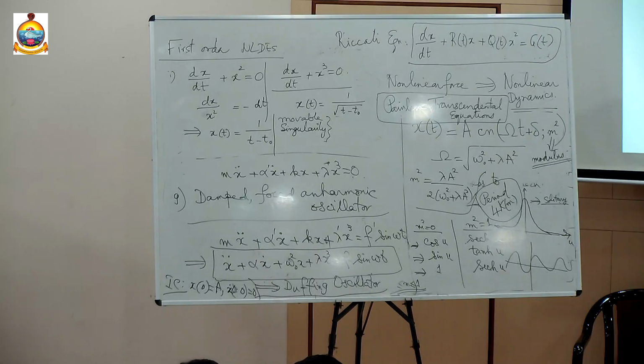You can scale away 2 quantities. You can change x to ax, t to bt, and then remove 2 of these constants. So, ultimately there will be 3 independent constants in this problem. You can choose any of those 3 constants. Normally we choose alpha, beta, and f, because omega naught square is a fixed value, so you change alpha, beta, f, or alpha, beta, and omega, or whatever it is.